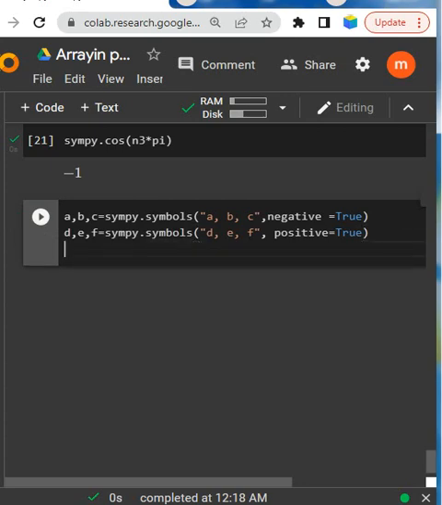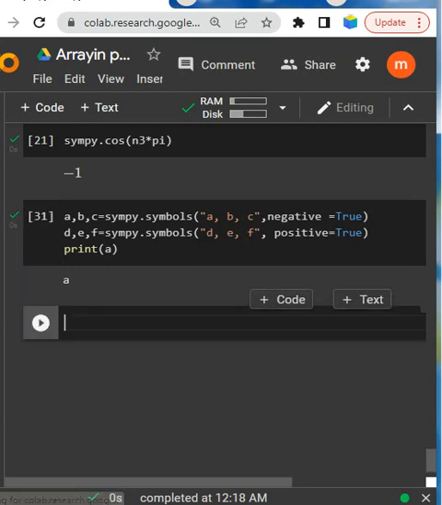Now I am going to print A. You can also print B and C, it doesn't matter, D, E, F. Now next we start with numbers. Sometimes you can get some bugs, it is to learn more and more.